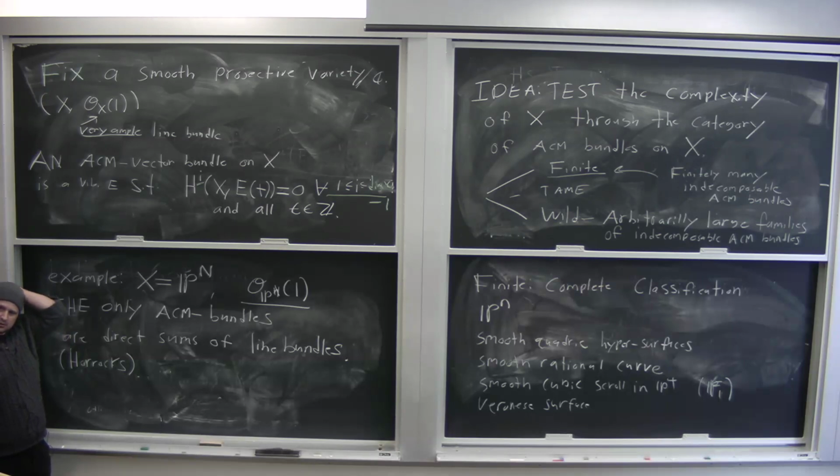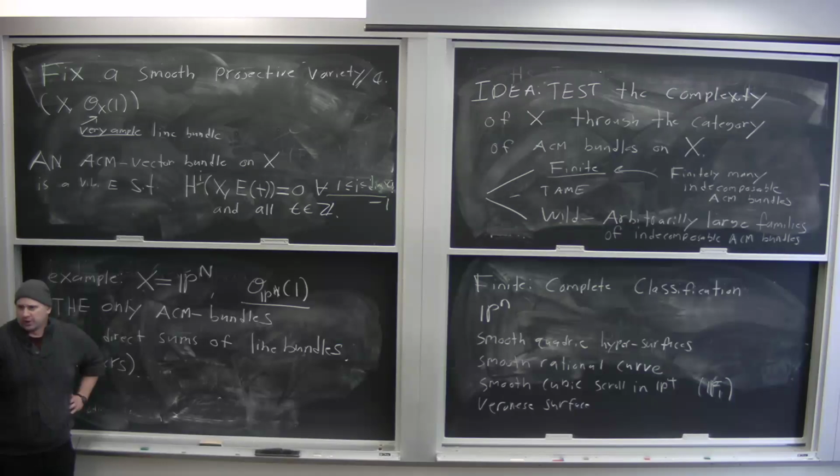At some point maybe I would like to ask what are the finitely many ACM bundles like that? I think it's going to be O(1,0) and O(0,1), with respect to that embedding, the (1,1) embedding.